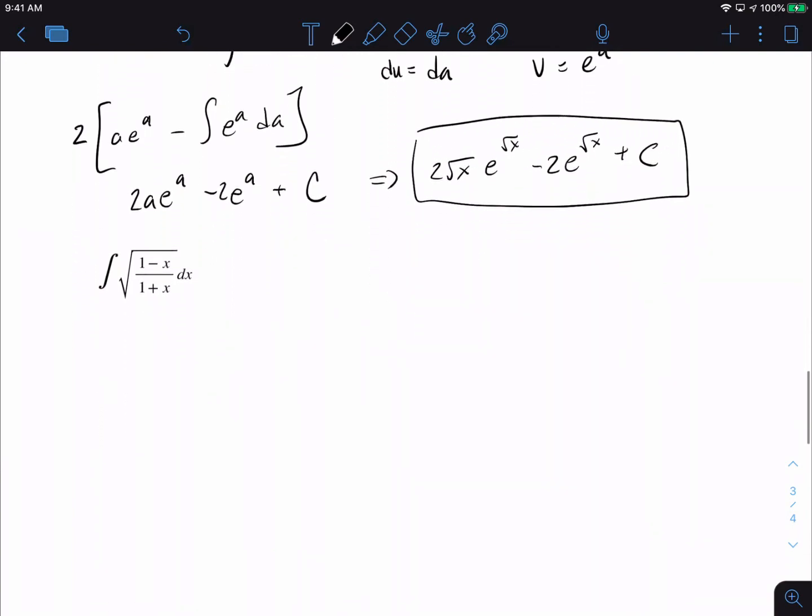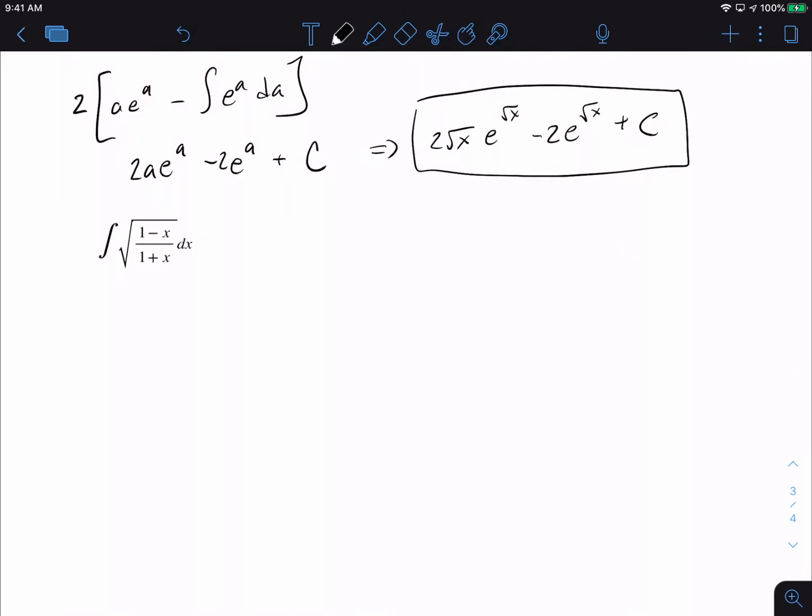Our next problem, we could do a ton of ways, right? We could try a u sub of that whole quantity and then do some convoluted derivatives. We could. I mean, it would get really, really complicated.